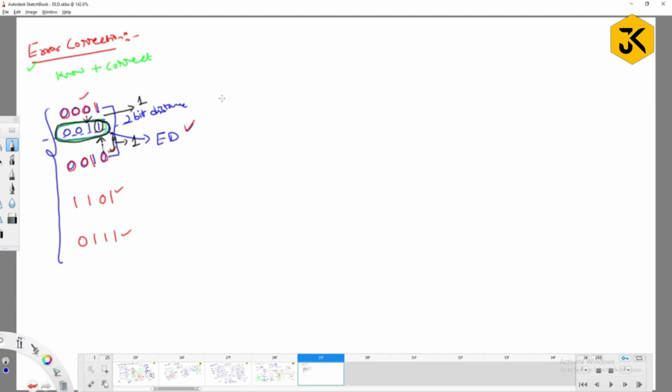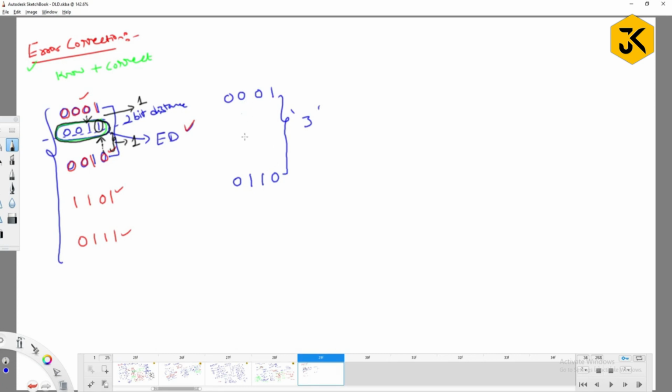So this is the reason you increase the distance between two valid patterns, for example 0001 and 110. I am trying to increase the distance between the two valid patterns to 3.